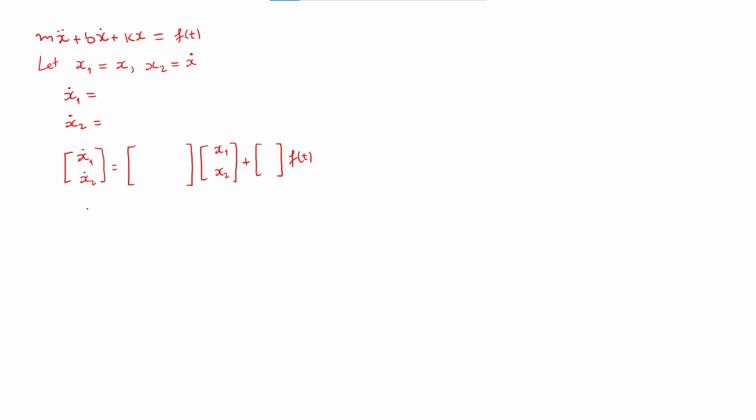So let the state vector h equal to h1, h2 like this. Then you have h dot equal to A h plus B u, where u equals f of t. So you will need to fill out what the coefficients A and B are.